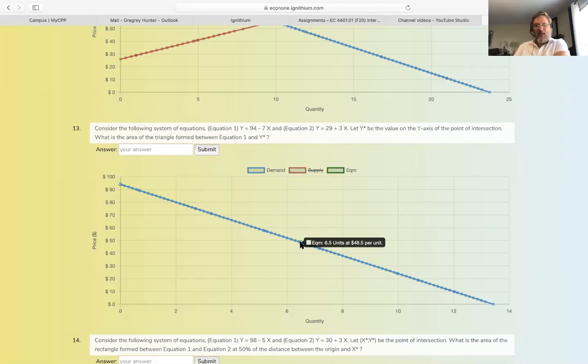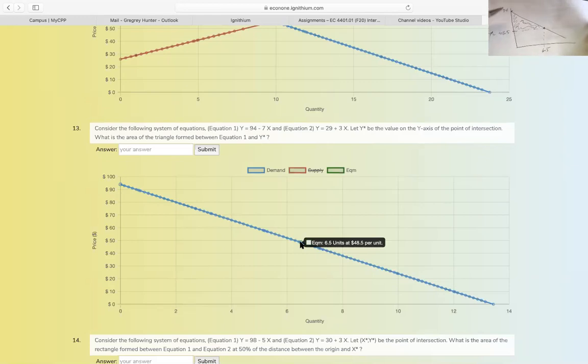And 6.5. So does that look right? The triangle we're talking about.